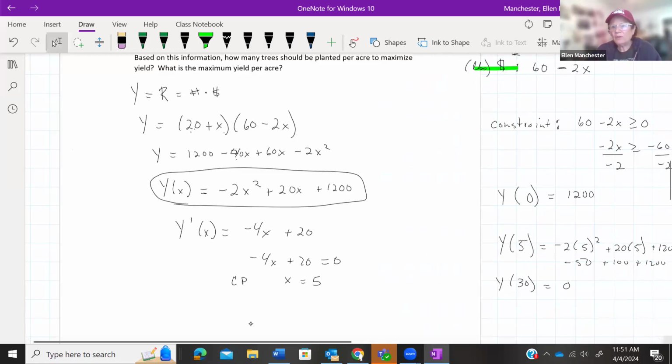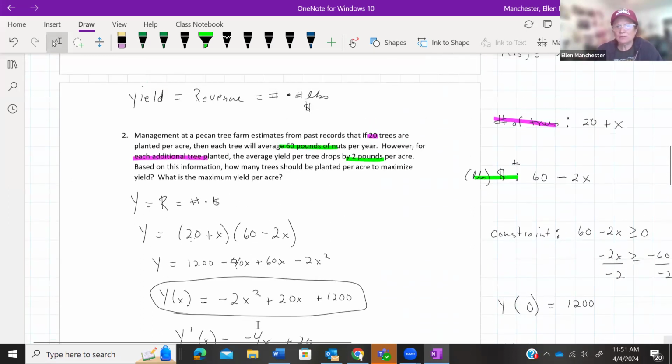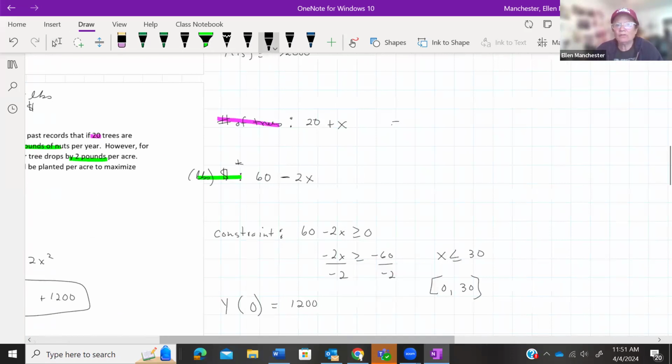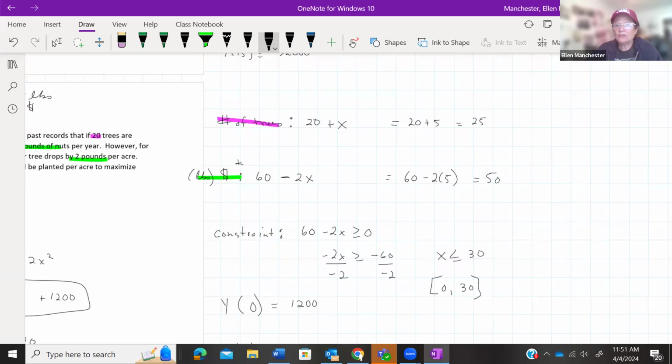All right, so now we got to find out, okay, we're making 5 changes. So now we're going to go back up here and plug that 5 in. So with 5 changes, I get 20 plus 5, so I end up with 25 trees. With 5 changes, I get 60 minus 2 times 5, so each tree is going to give 50 pounds. So yes, it's less, but I have more trees.